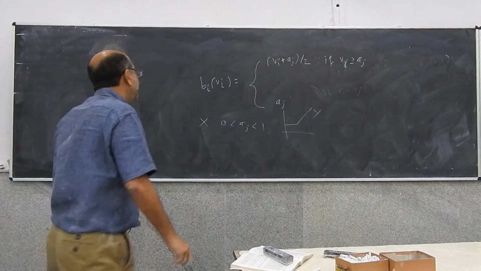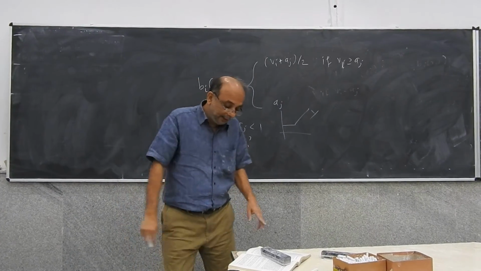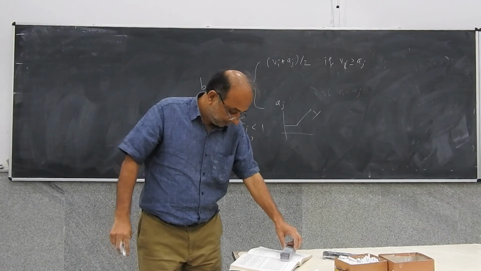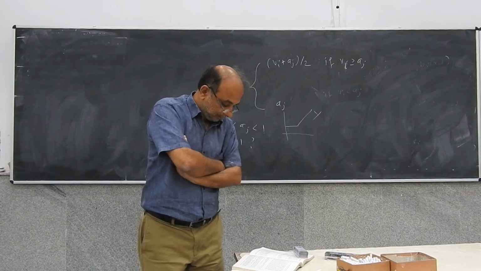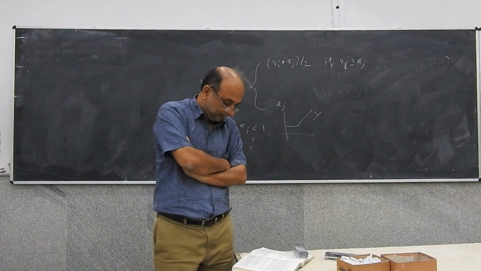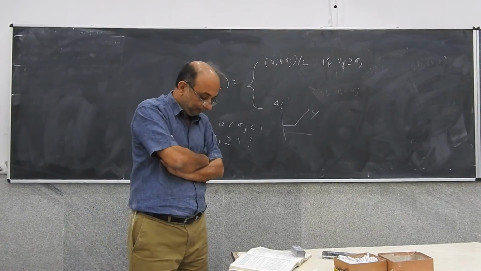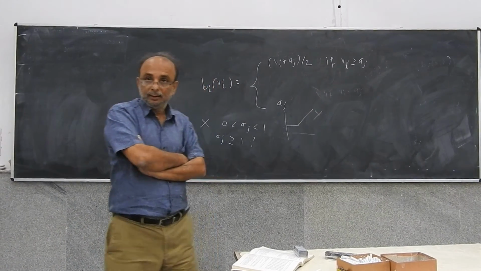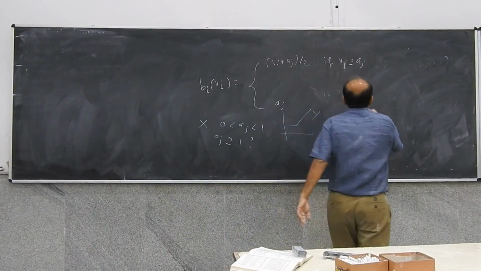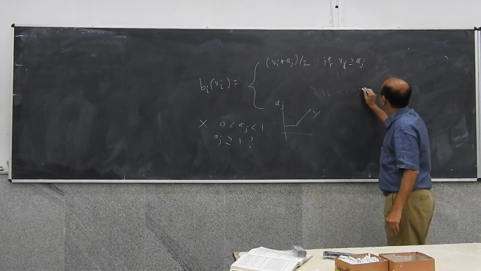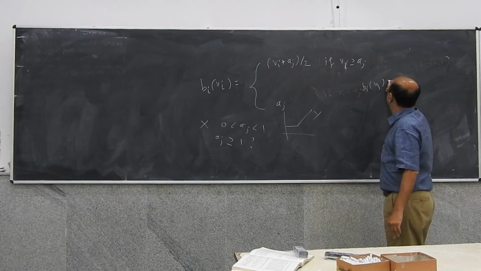Can Aj be greater than or equal to 1? Remember, what is BjVj?